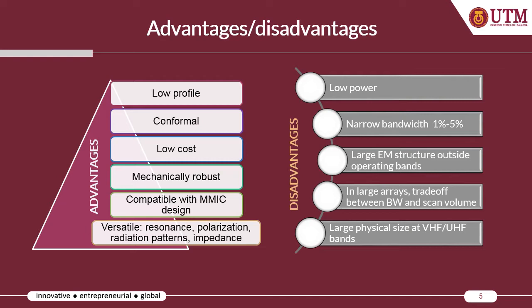Okay, usually microstrip patch antennas work within the UHF up to 100 GHz frequency band, and in large arrays, there is a trade-off between bandwidth and scan volume, and a possibility of large physical size at VHF and UHF frequency bands.